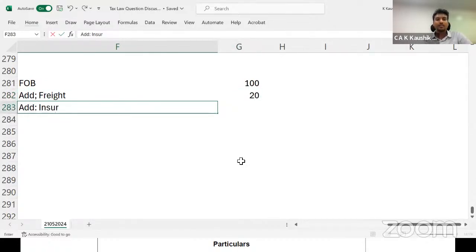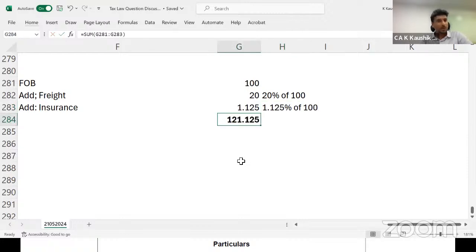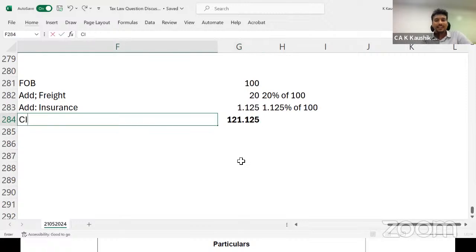Add insurance at 1.125% on FOB. So 20% of 100 is equal to 20, and 1.125% of 100 is 1.125. So the total is 121.125. So this is the CIF value.